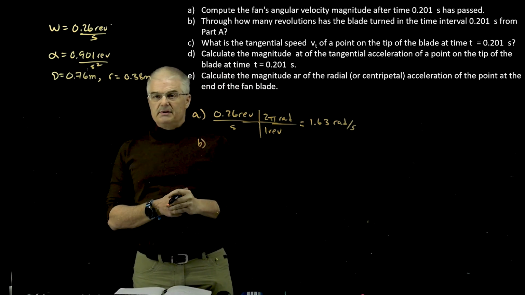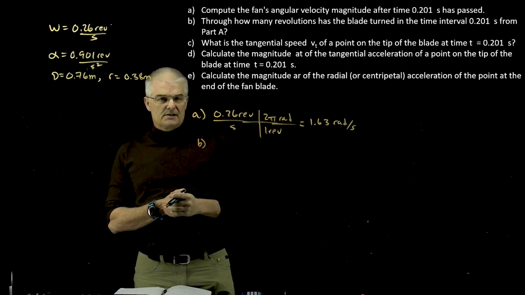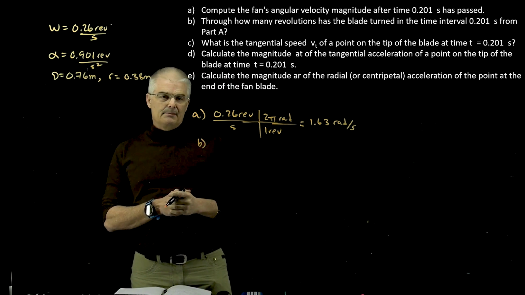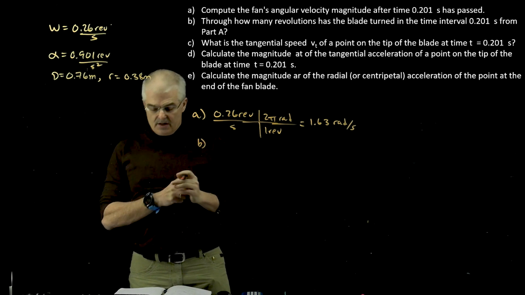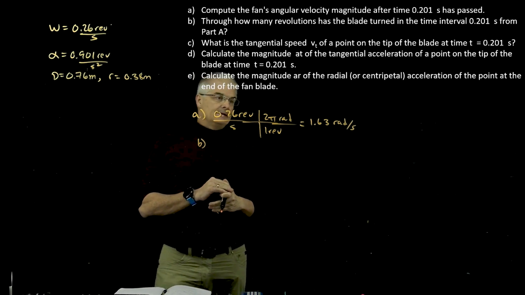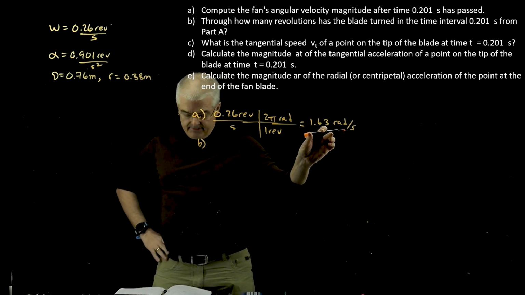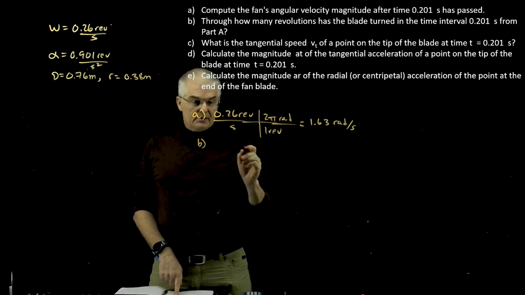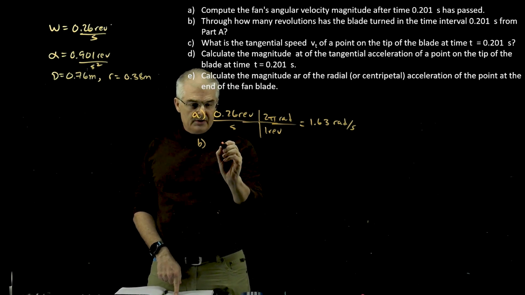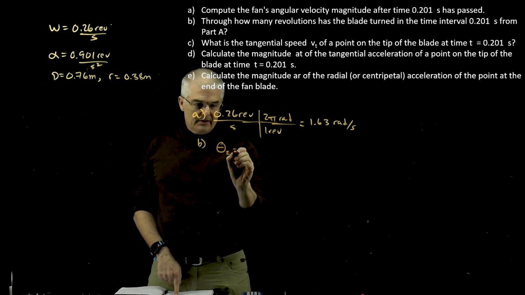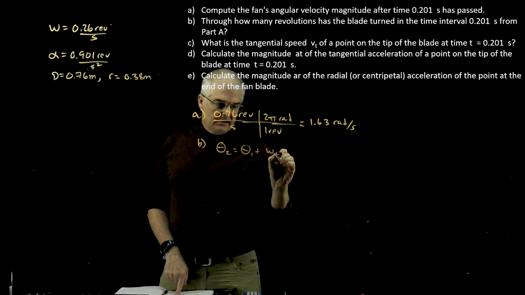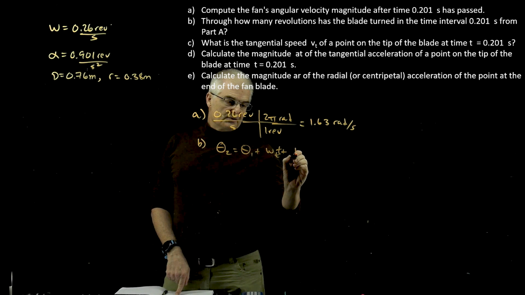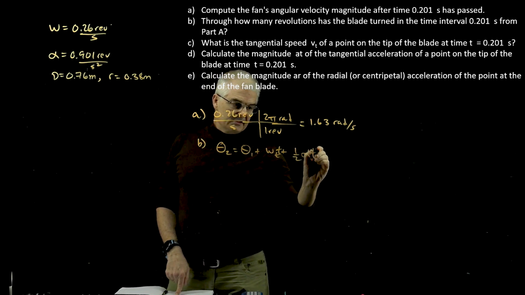Question B says, through how many revolutions has the blade turned in a time interval of 0.201 seconds from part A? On this one, I am going to use the kinematic equation theta 2 equals theta 1 plus w1 times t plus 1/2 alpha t squared.